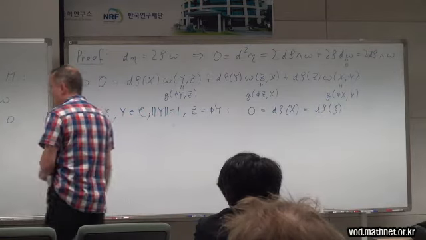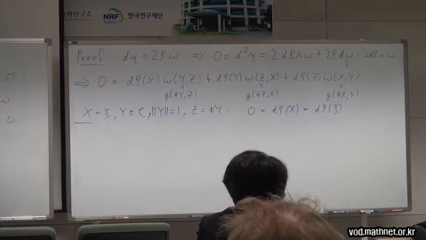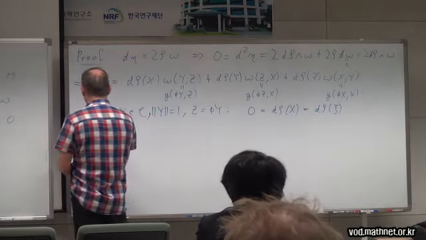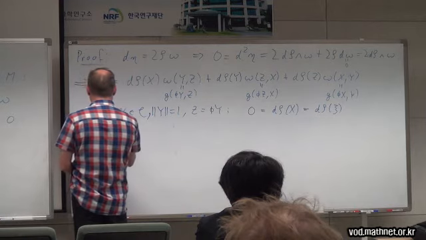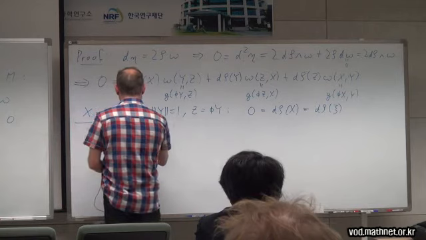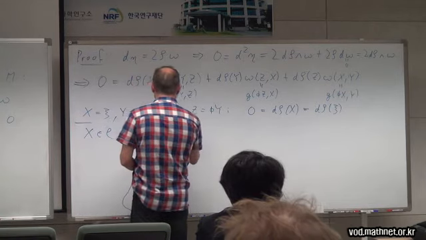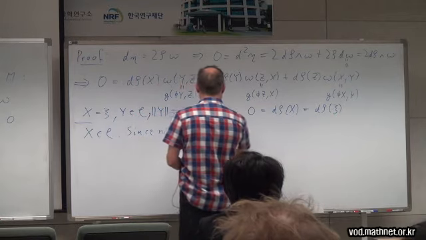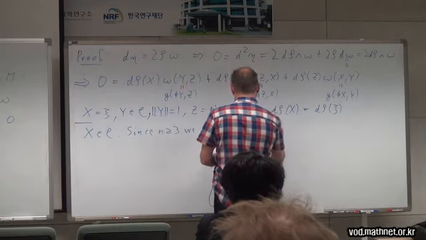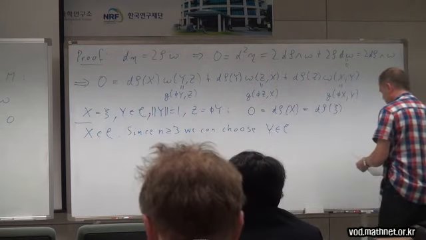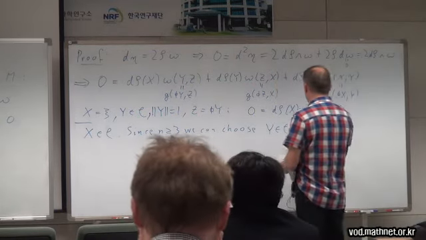So now, I haven't used the assumption yet that n is greater or equal to 3. That happens in the second step. So now we choose x in the maximal holomorphic subbundle. Now since n is greater or equal than 3, we can choose y in the maximal holomorphic subbundle.